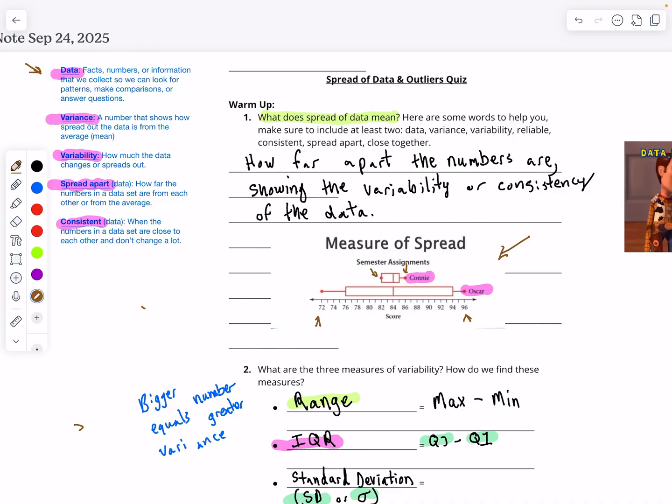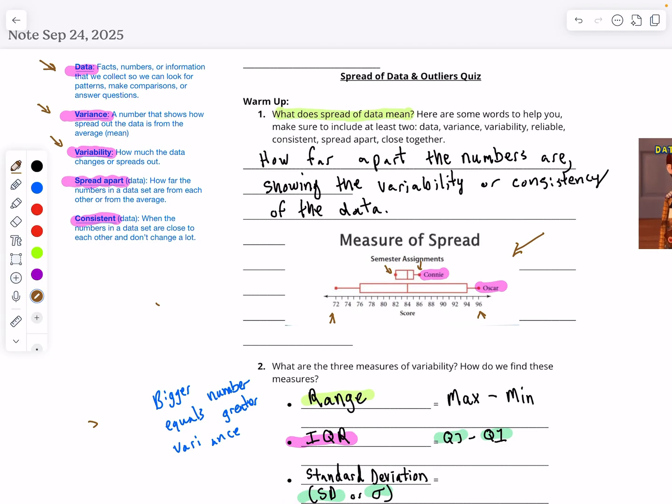What is the average shoe size of first graders, etc. And then we have variance. Variance is a number that shows how spread out the data is from the average. Then we have variability, which is how much the data changes or spreads out.